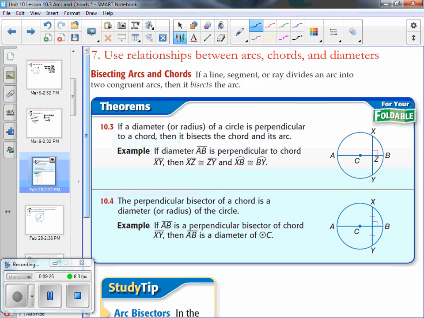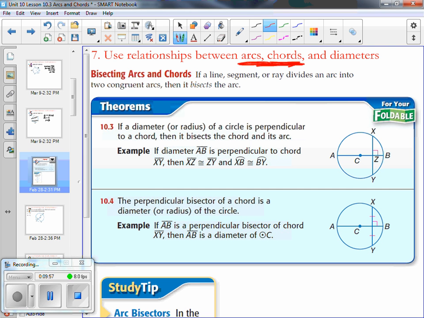Now, before we read these two theorems, think about what we've talked about so far. So far, with our learning target, we have talked about relationships between arcs and their corresponding chords, haven't we? Now we're going to throw diameters in here. Okay? So, the first of these two theorems. If a diameter or radius of a circle, what do the diameter and the radius have in common? They both contain the what of the circle?